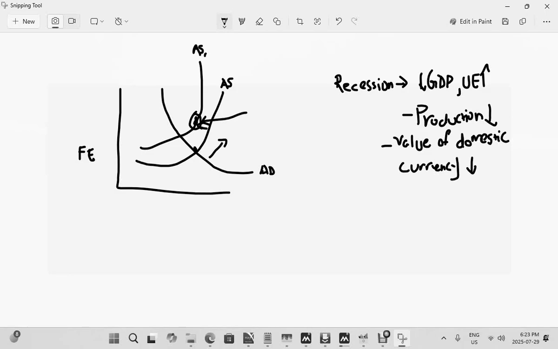Because of this, the demand for domestic currency goes up in the foreign markets, so overseas. Obviously, when you see a weak dollar, people want to invest more. People want to buy for less and sell for more to make a profit.